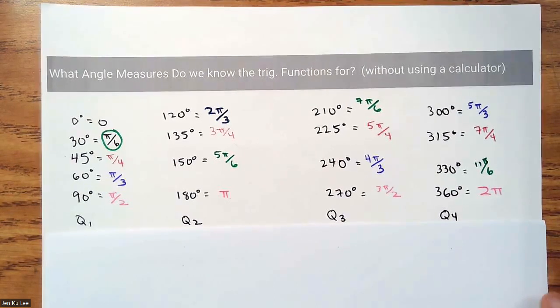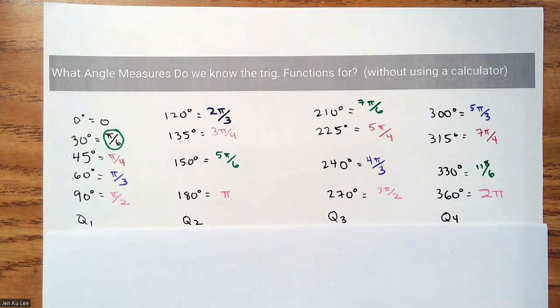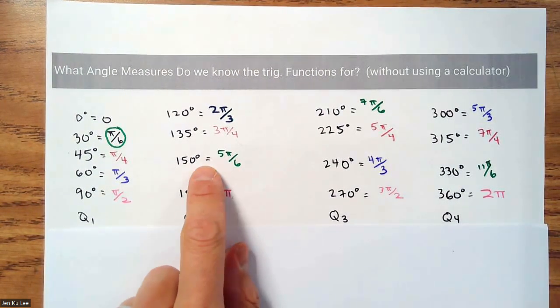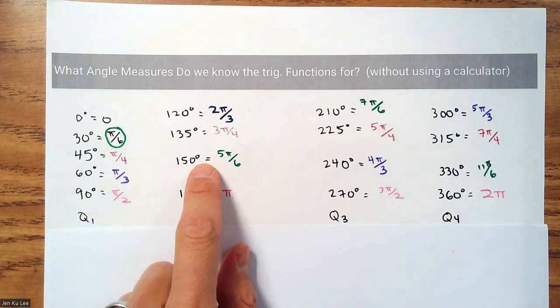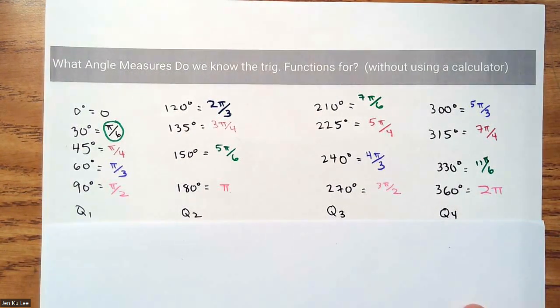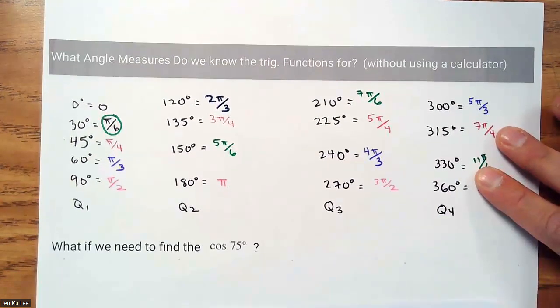So here is the list of all the degree measures and the radian measures of all the angles we know trig functions for. So the sine of 150, we can figure it out without using a calculator, correct? Just for example.